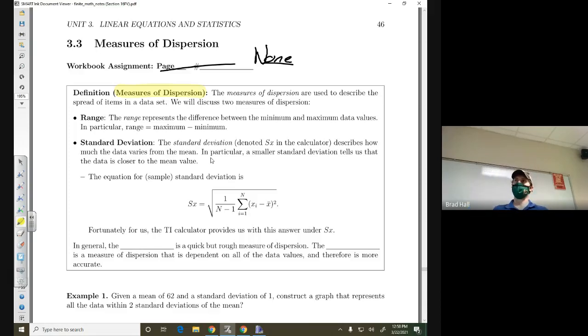But that would elicit an average of 50%. So 20 students with 100%, 20 students with 0%. And then there's another class where there's 20 students with 60% and 20 students with 40%. But they both elicit the same average.